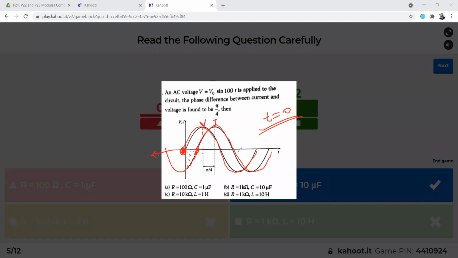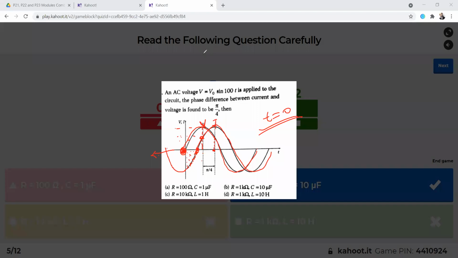Sir, but at any time t the value of V is more. At any time, that is the maximum value you are talking about, the function value. So if you consider this time, then the value of V is less as compared to I. Yes, sir.